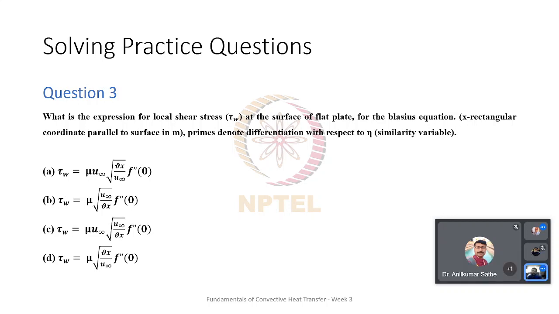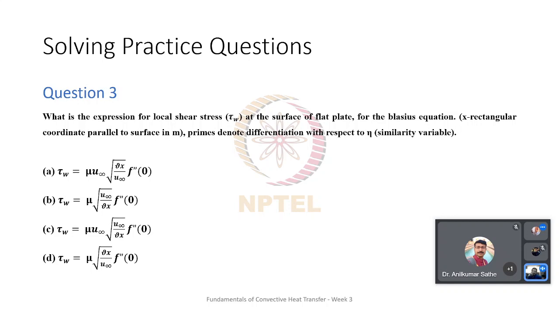So let's say we have a flat plate and there is a flow over it, there is a boundary layer formation. For that configuration, what would be the expression for local shear stress using the Blasius solution?